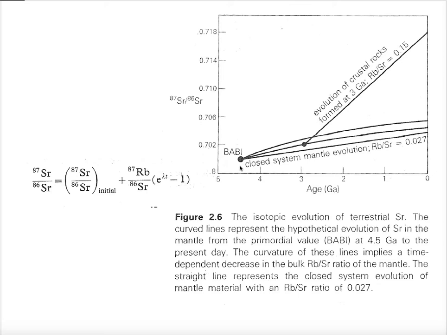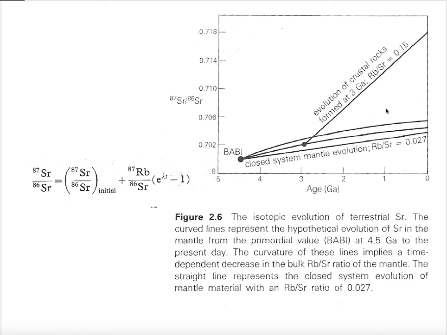And you have the ratio today. The value today is 0.7045, so you are adding just the value here of 0.027, yeah? That is represented here by the straight line.